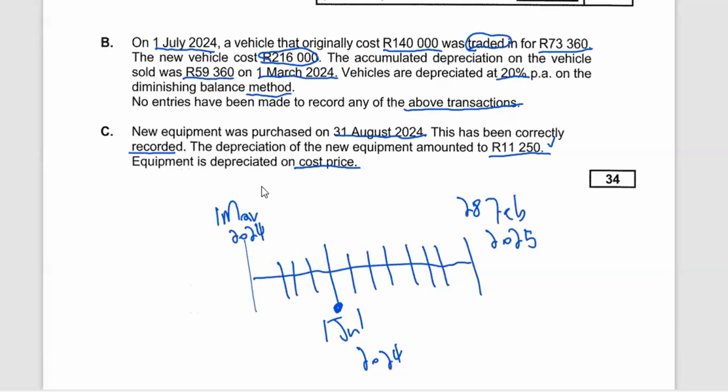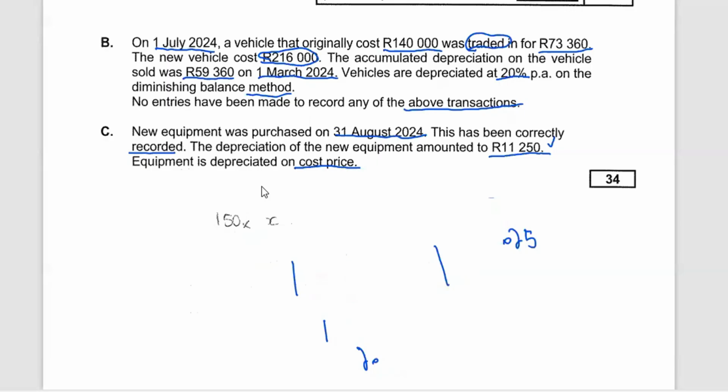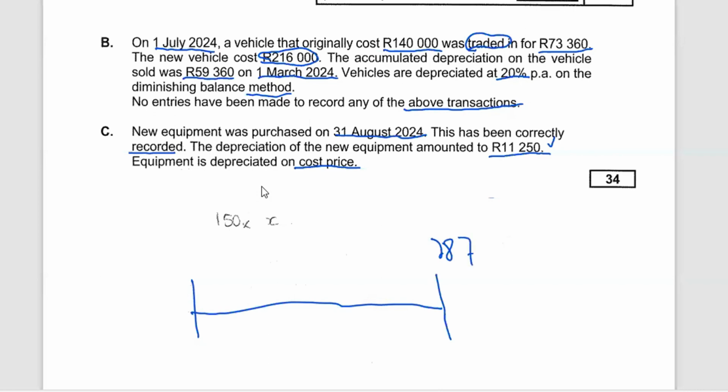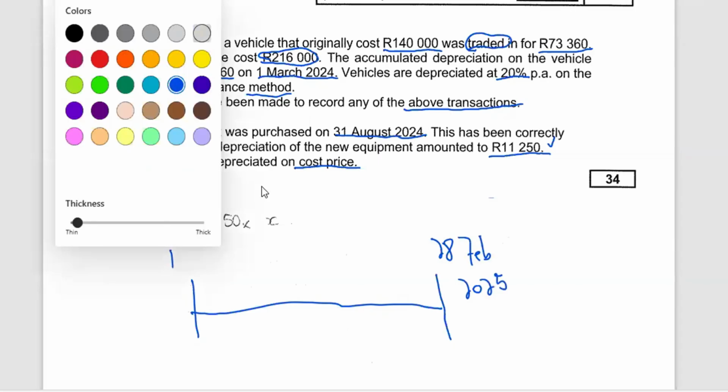So the first step that you are going to do here is to draw the timeline. So our accounting period ended 28 Feb 2025. It started 1st March 2024.